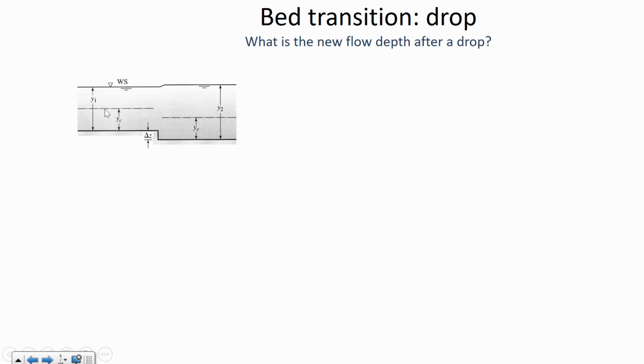At 1, the specific energy is the depth plus the velocity head. But at 2, there is that same amount of energy there was at 1, plus the amount of energy that was gained by the water dropping down that step. Falling down that step, it's gaining specific energy.